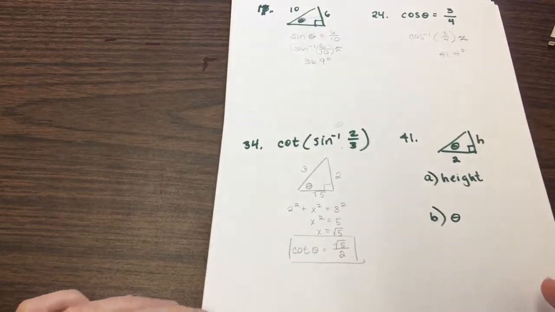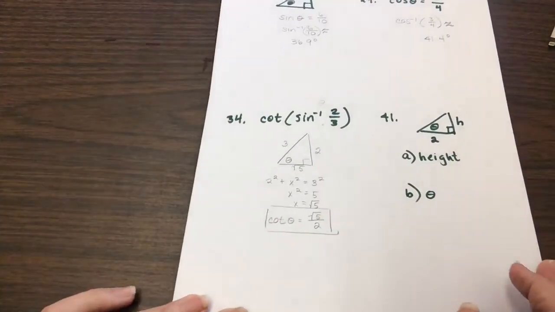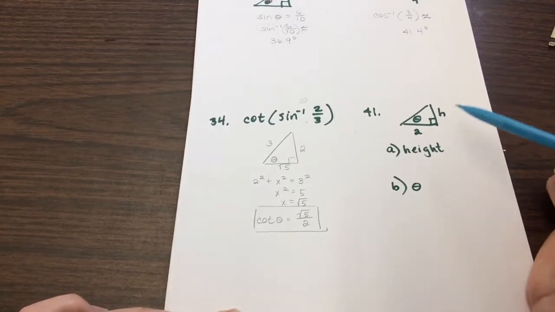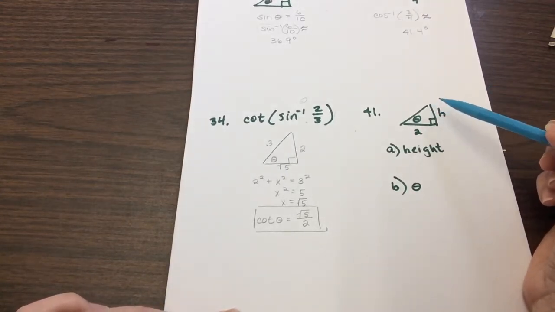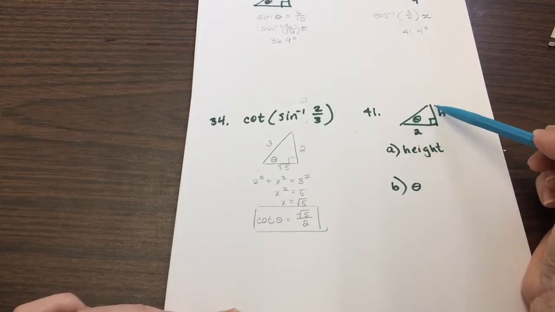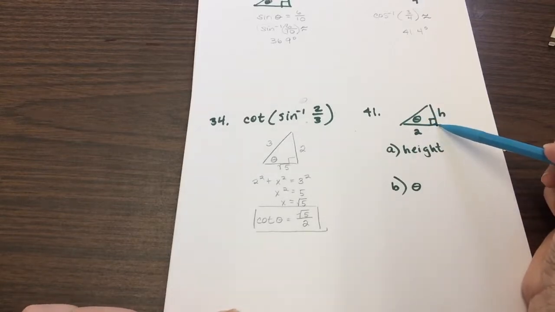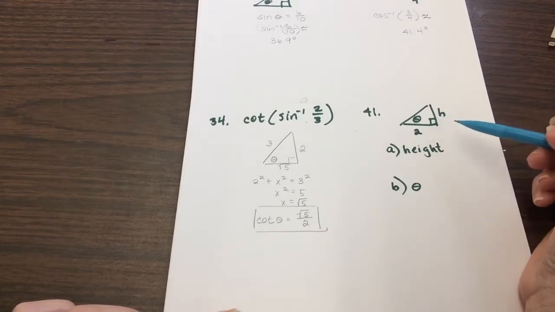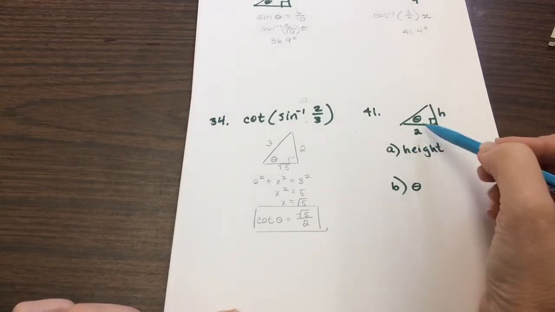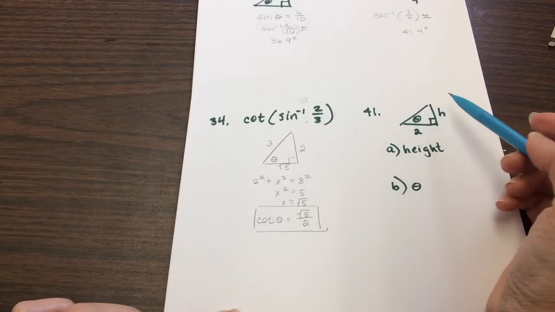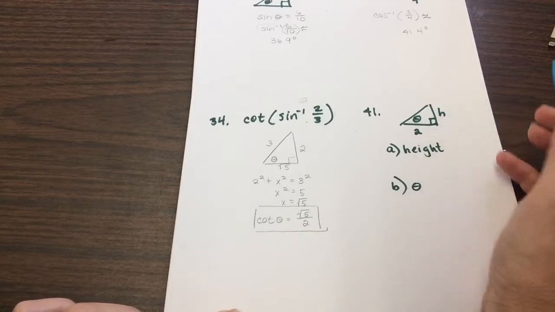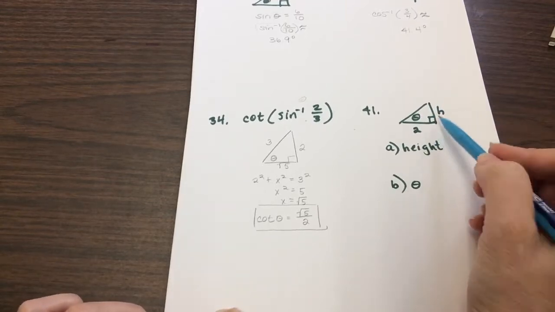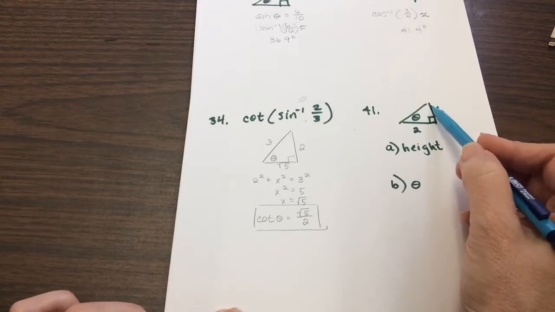All right, one more, and this is actually a word problem, and the good thing about this word problem in particular is that they drew the picture for you, and the picture in the book, of course, is a lot fancier than what I just sketched out here. But anytime you do a word problem, make sure you draw a picture if it's not given to you. This one was given to me, and all it's asking for is the height. So you can read the problem and look at the picture, but what they're asking for is this height value right here.